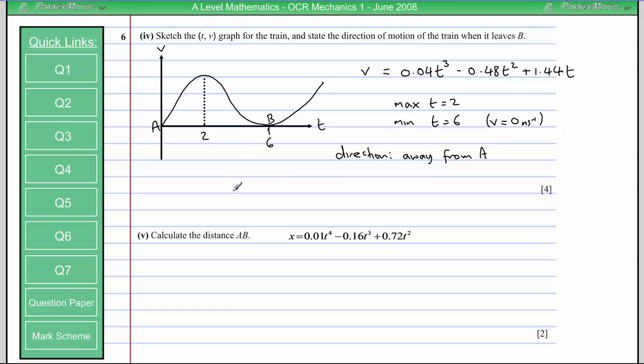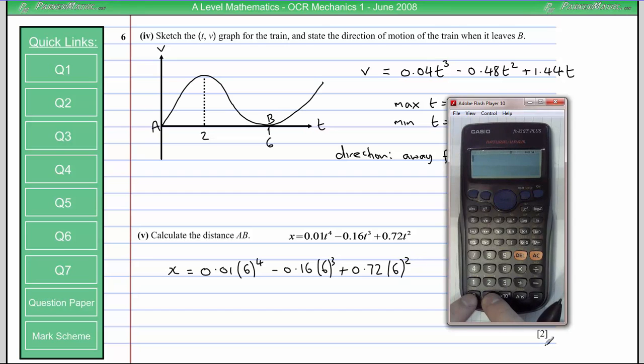That means for this question, displacement is effectively the same thing as distance, and all we need to do is find out what the displacement is at t equals 6 when it reaches B. So to answer this question, the only thing we need to do is substitute in t equals 6 into this equation. And we get 4.32 meters.